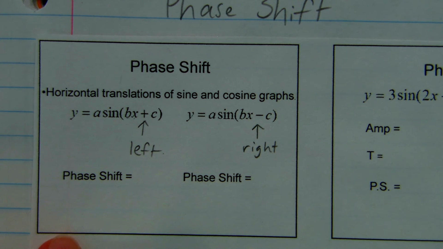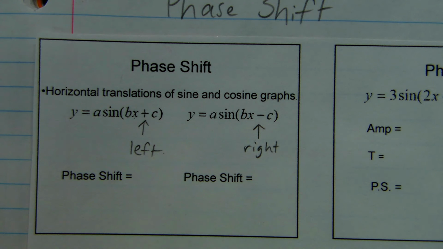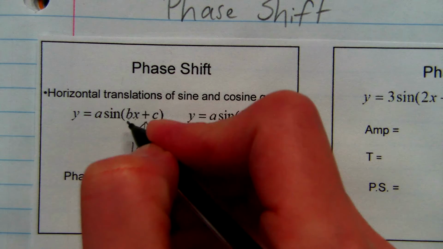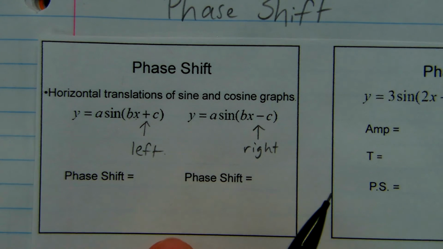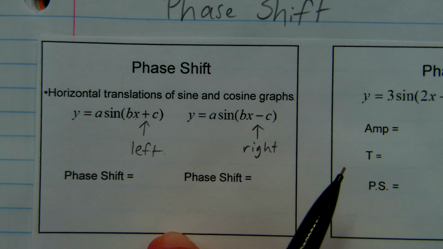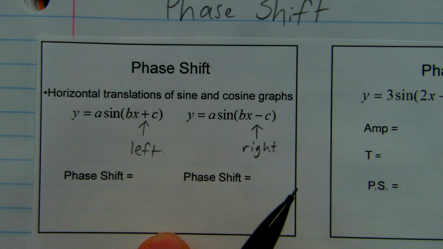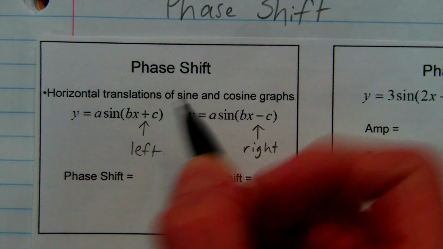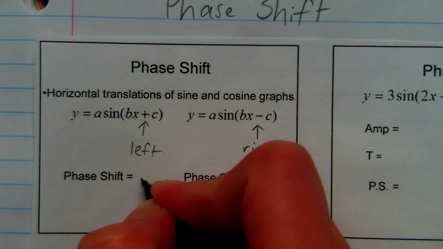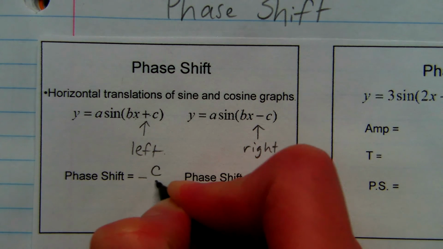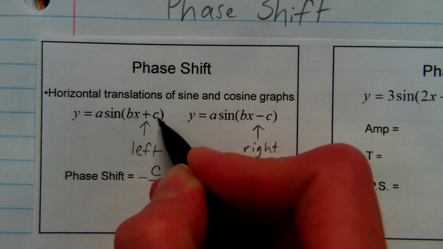Basically, how we're going to figure out how far left and how far right it goes, we have to get rid of the fact that we're changing the period of the function, and we're going to actually factor b out of both terms. So that's going to look a little weird. I'm going to put it down here. So essentially, if you have a plus sign, so it's moving left, your phase shift is going to be minus c over b, using the numbers from here.